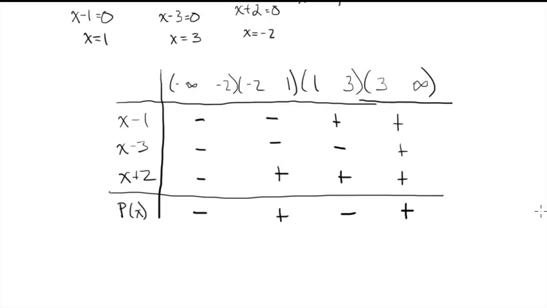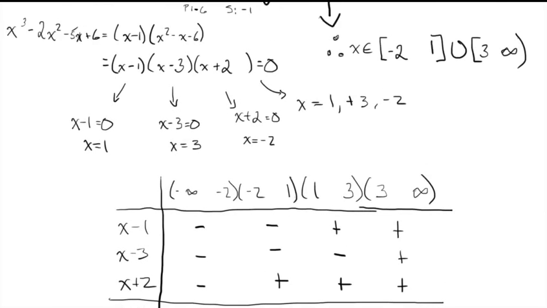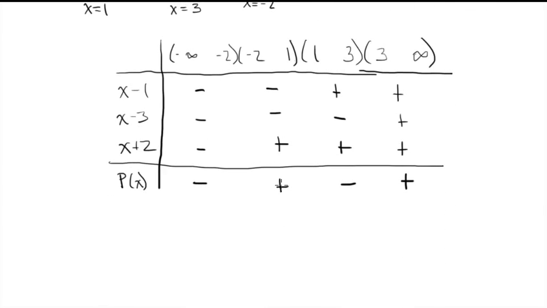We want to know when this is bigger than or equal to 0. So it's bigger than 0 there, and it's equal to 0 at all these points here, at negative 2, at 1, and at 3.